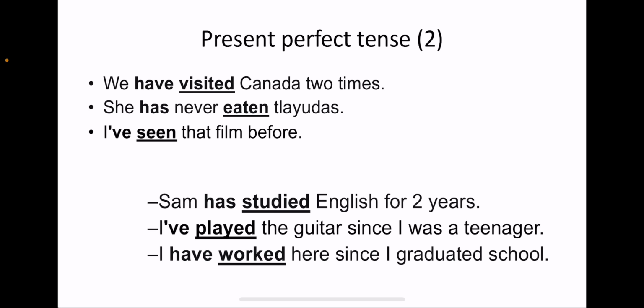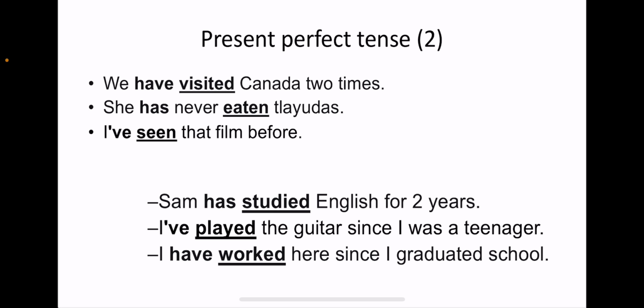For example, Sam has studied English for 2 years. We understand that Sam started English in the past, but now in the present, she's still studying English, right? So Sam has studied English for 2 years. I've played the guitar since I was a teenager, and I have worked here since I graduated school.